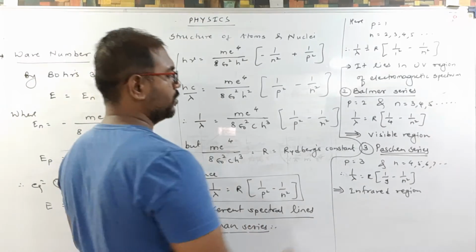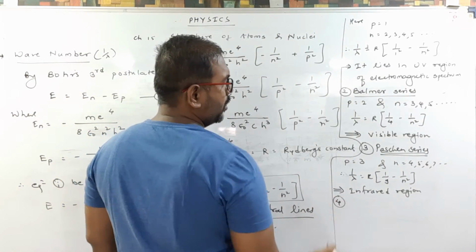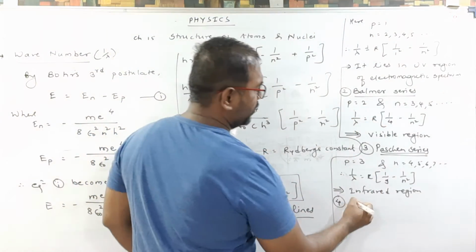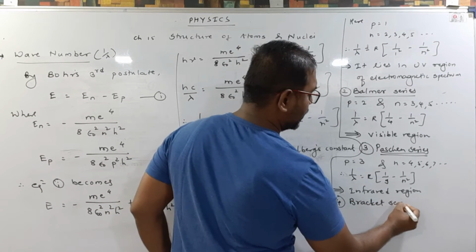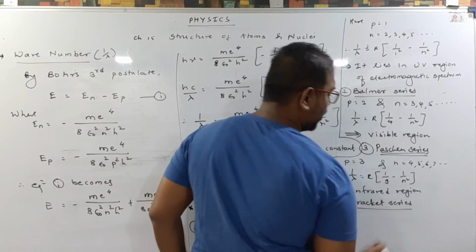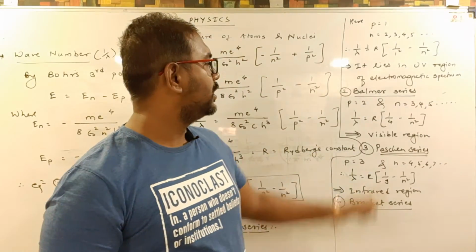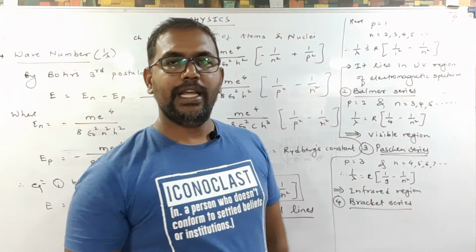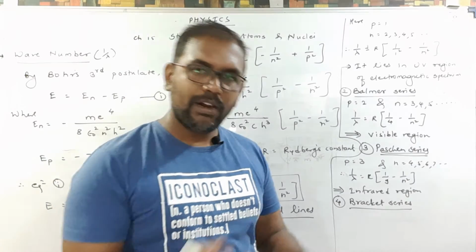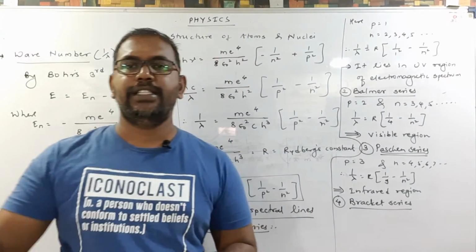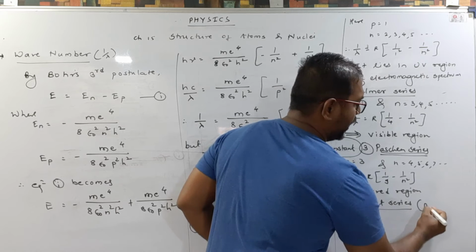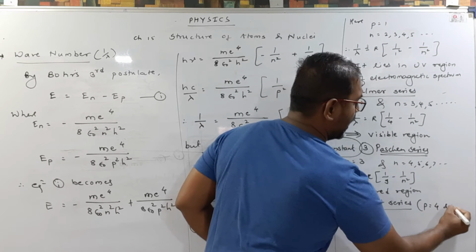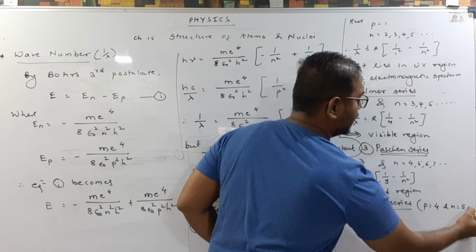In a similar manner, after Lyman, Balmer, Paschen, the fourth one is the Brackett series. Remember, in Brackett, P is now 4 and N is the outer orbit. If the inner orbit is 4, then the outer orbit is 5, 6, 7 and so on.